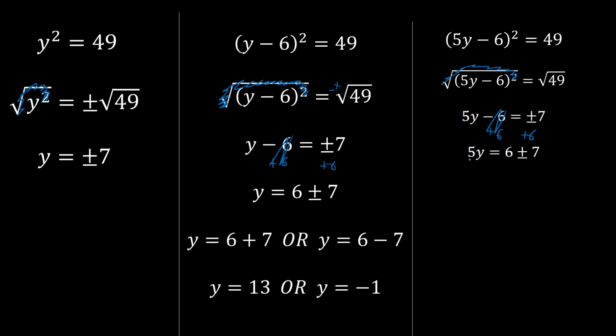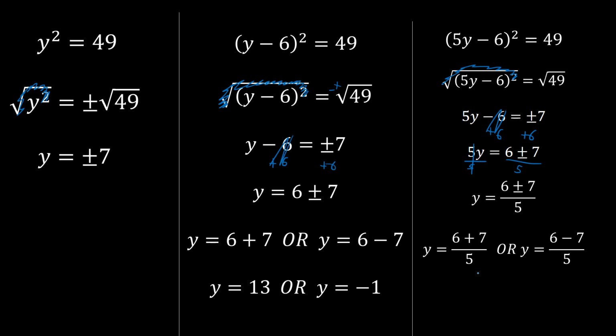And then to solve for y, I divide both sides by 5. So now I have 6 plus or minus 7 over 5. Which, don't forget, means I could break it apart as 6 plus 7 over 5 or 6 minus 7 over 5. This would then give me 13 over 5 or negative 1 over 5 as my solutions.